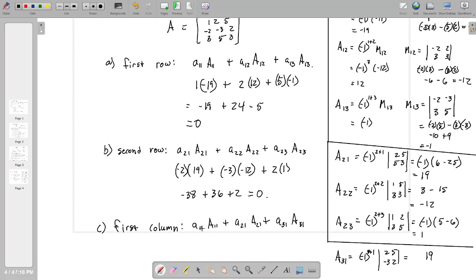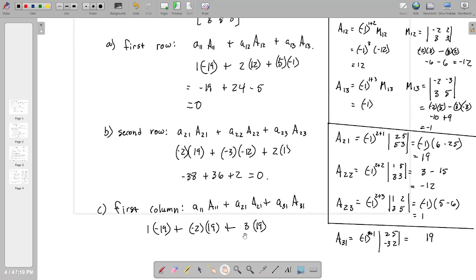Now we do a sub 11 times the cofactor a sub 11. We would have 1, which is a sub 11, times the cofactor a11, which is negative 19, plus a sub 21, which is negative 2, times the cofactor a sub 21, 19, plus a sub 31, 3, times the cofactor a sub 31, which is 19.